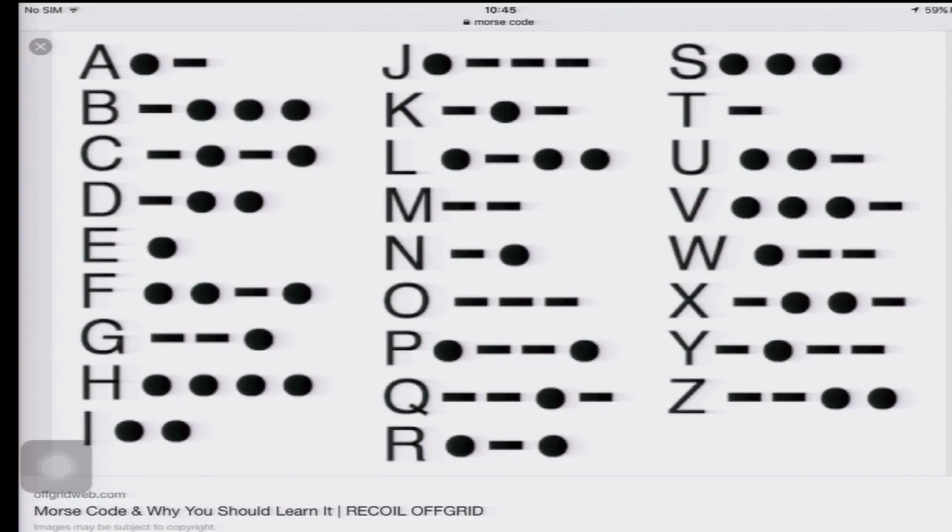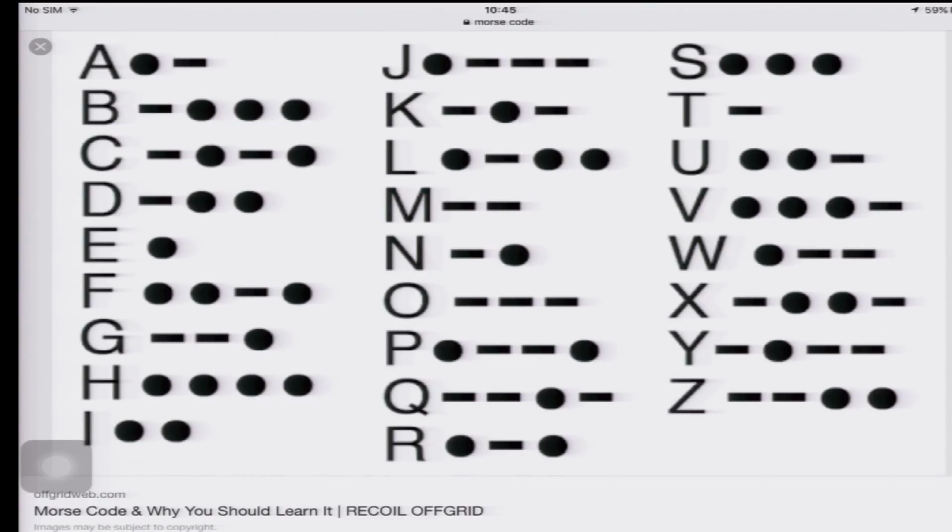You can see that E is 1 dot. And what is the longest? The longest is length 4. For example, Q is dash, dash, dot, dash, something like this. So Q happens less often, maybe rarely.